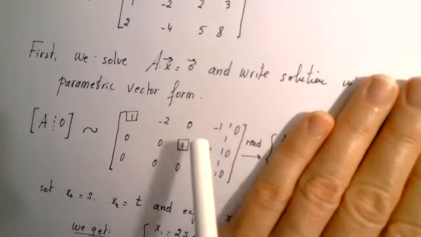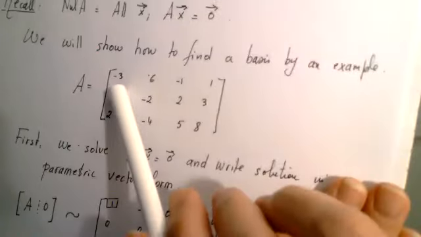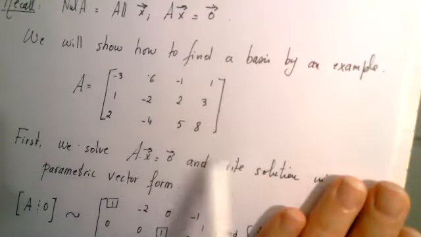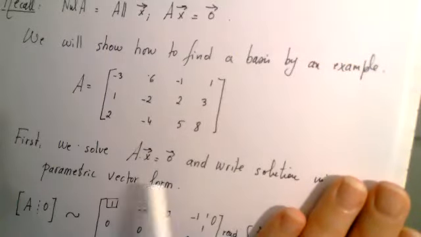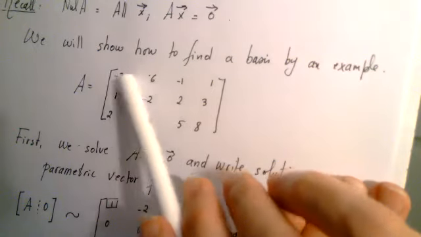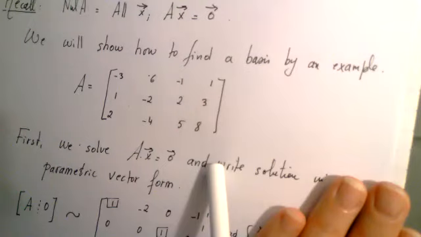Let us always remember what's crucial to pay attention to: the vector x that solves the system Ax equal to 0, how many entries should it have? Always ask yourself how many entries. A has 4 columns, so my vector x has to be in R4.